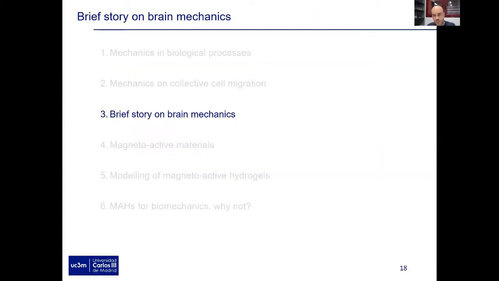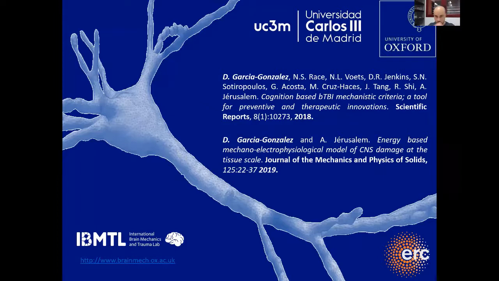So I want to briefly introduce now some previous work I did, what I call a brief story in brain mechanics, just to provide other examples of these mechanical dependencies in biological processes. This is some work I did during my postdoc in Oxford.